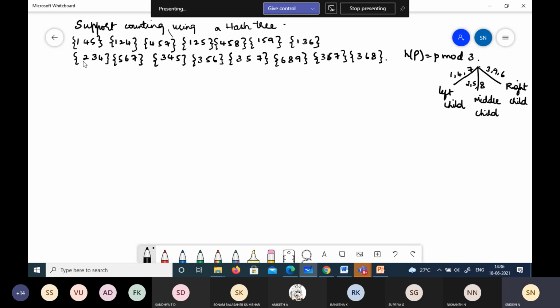When it comes to 2, 3, 4, it is starting with 2, so we will not consider that. So how many candidates do we have under the left branch? We have 1, 2, 3, 4, 5, 6 and 7.